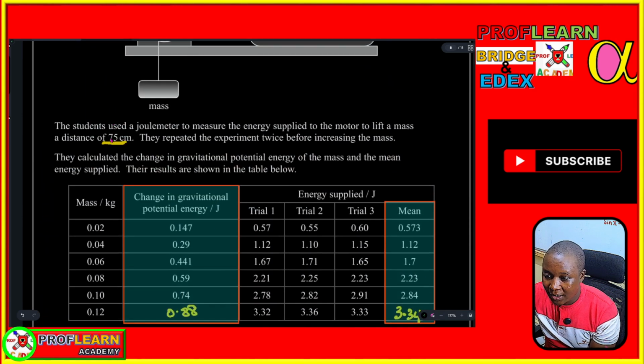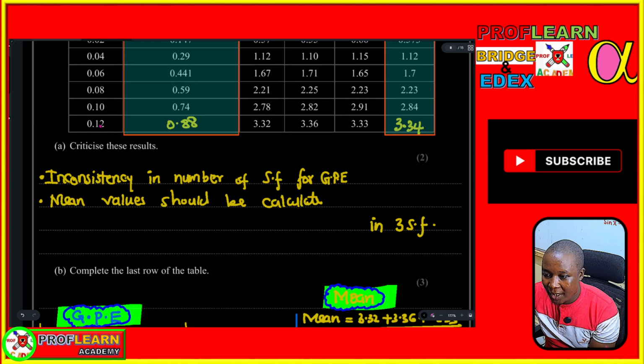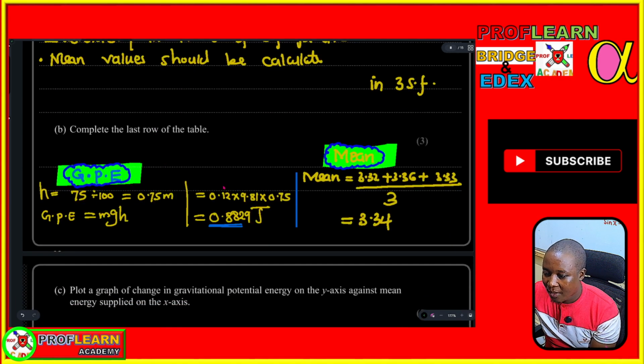Here, 75 centimeters has to be in meters. Then we have the mass, so gravitational potential energy equals mgh, which is 0.12 times 9.81 times 0.75 in meters, and that becomes our answer.